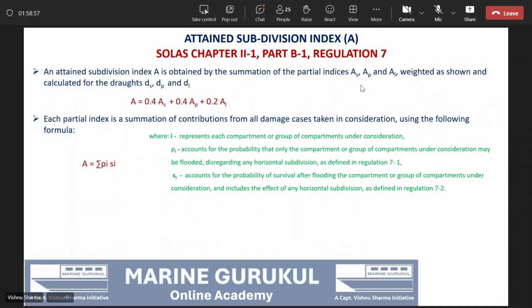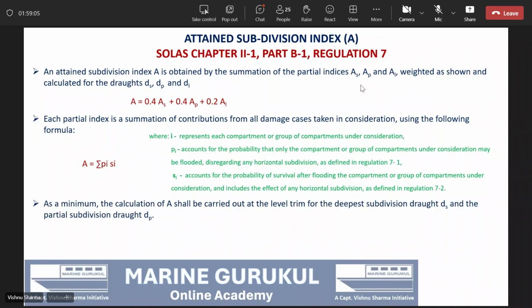PI is the probability of a compartment or group of compartments getting damaged, and SI is the probability of surviving the damage. As a minimum, the calculation of A shall be carried out at level trim for deepest subdivision draft DS and partial draft DP, and it shall be carried out at the operating trim in the light conditions.